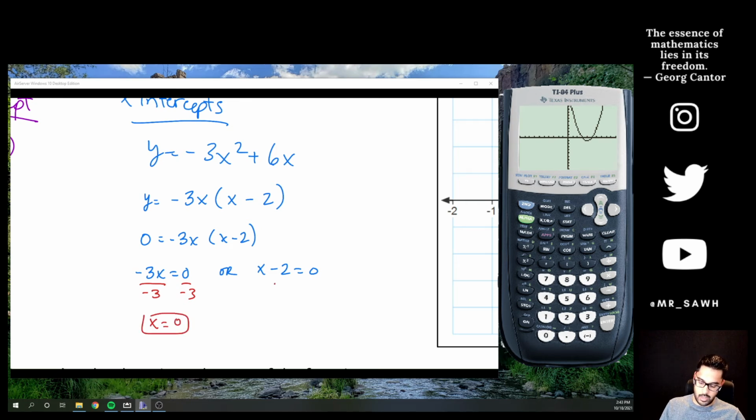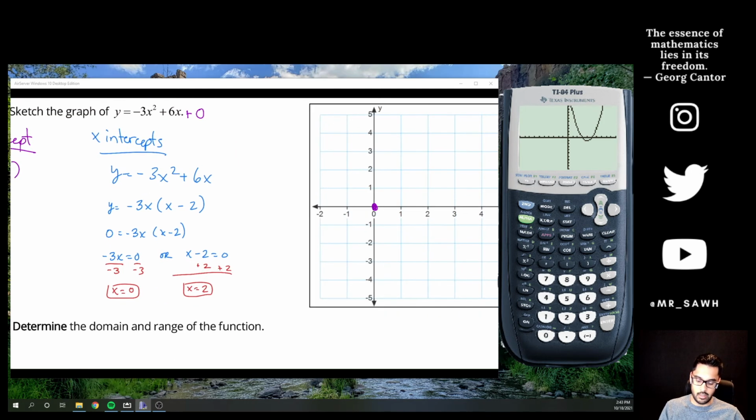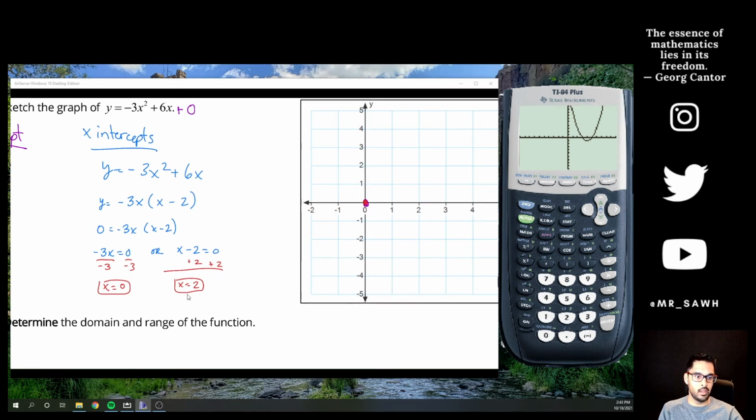The other one, add a 2 to both sides to simplify, and x is equal to 2. So if you throw those on your grid, well, I already had one of them, right? My y-intercept and x-intercept overlap here, which is fine. We've seen that before. The other one's at 2, which makes my line of symmetry right down the center when x is equal to 1. So no calculation needed for that one. I could tell pretty quickly.